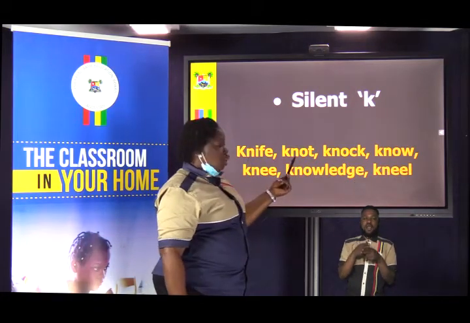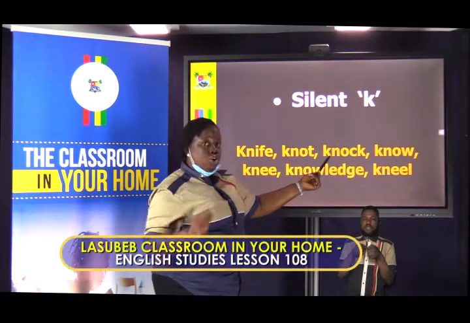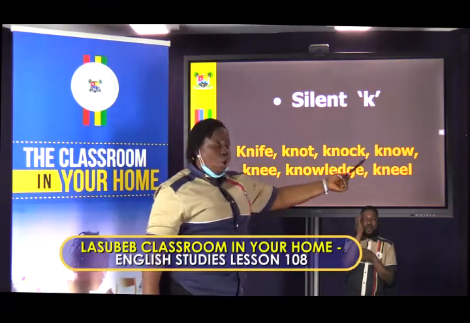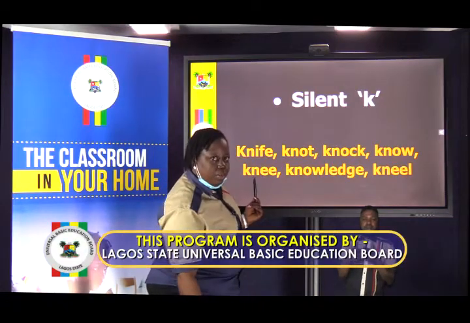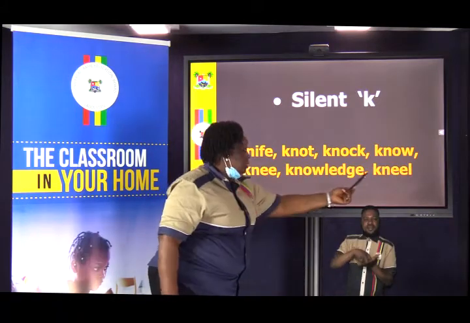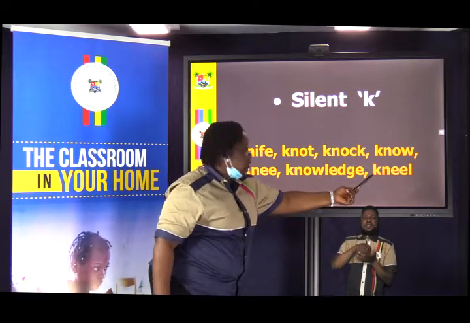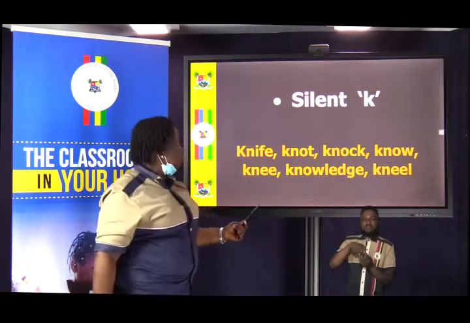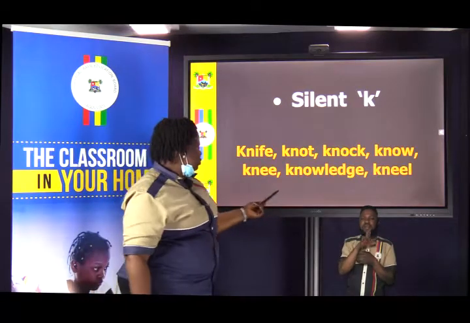Knife, not, K-N-O-T, yes, not, knock, no, knee, this part of your body, knee, knowledge, and the act of kneeling down, kneel. Going down on your knee is kneel. So, in all these words, we have the silent letter K. Let's move on.